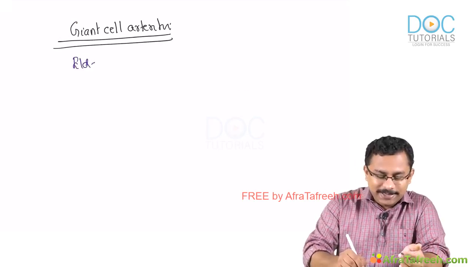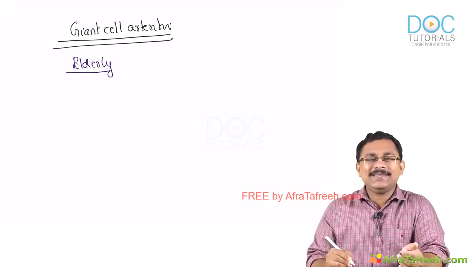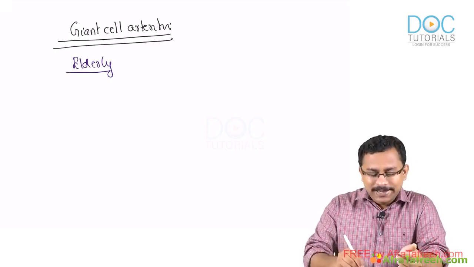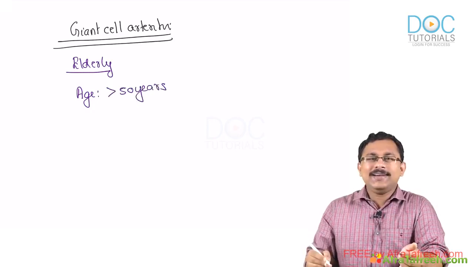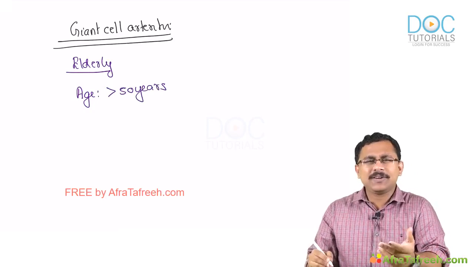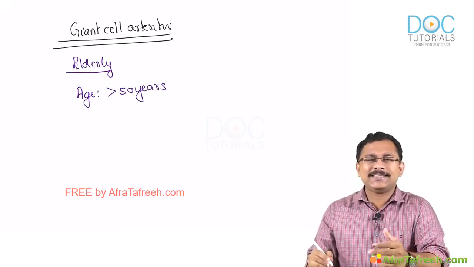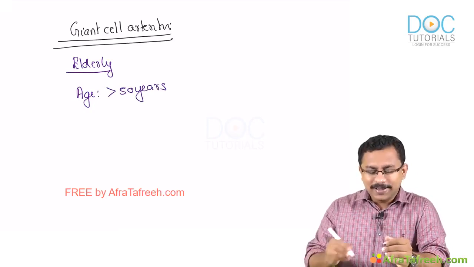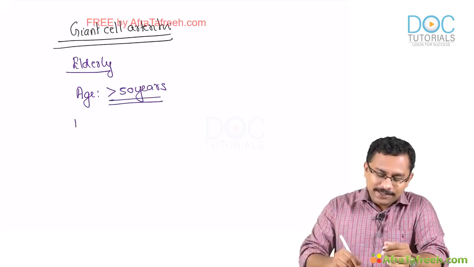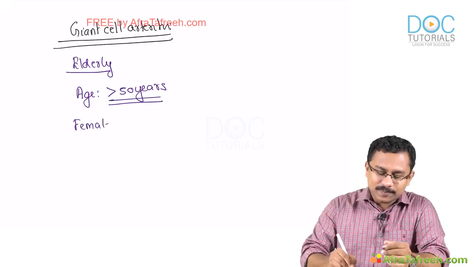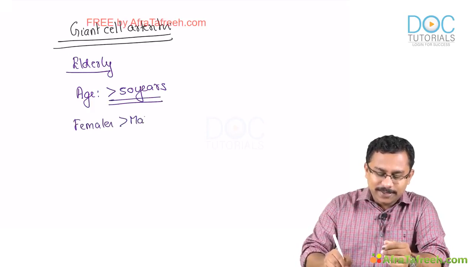The age group of presentation is almost always above 50 years. In fact the mean age of presentation would be around 70 years, but always remember it is above 50 years, and females are more affected than males.